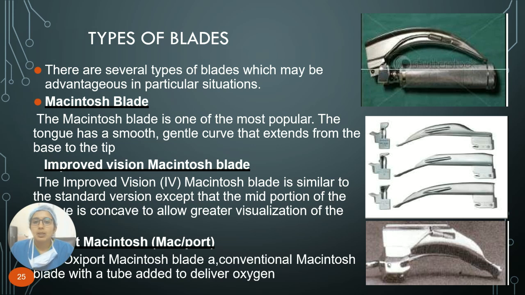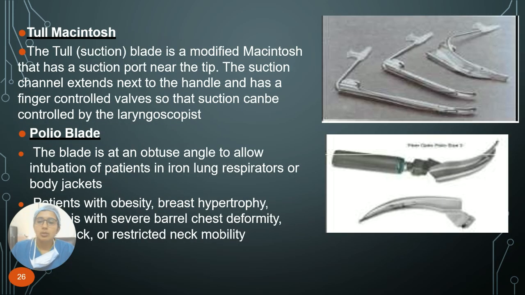So these are the types of the blades. Macintosh, improved vision Macintosh. It is similar to the routine Macintosh blade, except that the middle portion of the tongue is concave, so it allows greater visualization of the larynx. Then Oxyport Macintosh, where the blade is designed in such a way that it can be connected to the oxygen source.